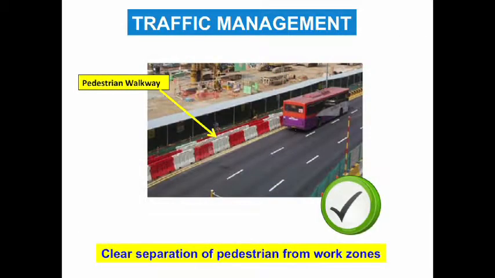Of course, when work zones cut off an existing pedestrian walkway, then we will make sure that there are alternative routes for the pedestrian. As you can see here, the pedestrian walkway is being protected while work is going on.